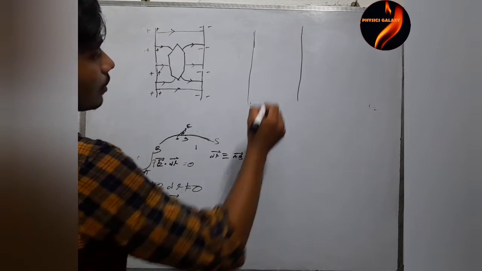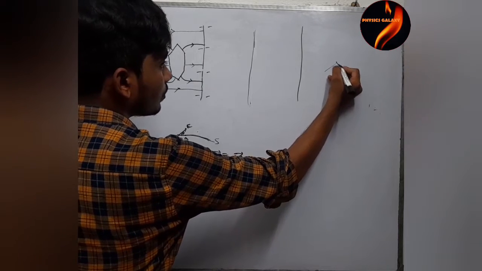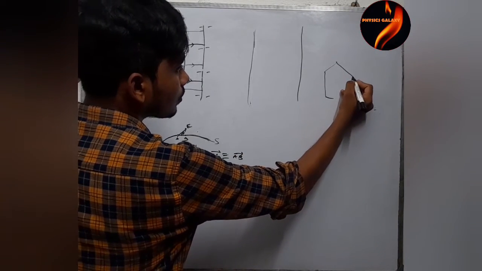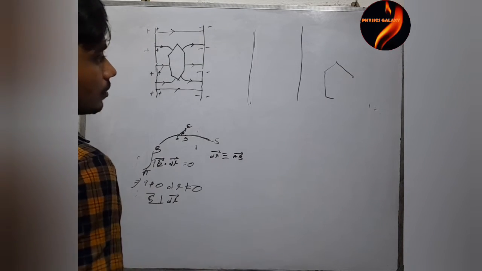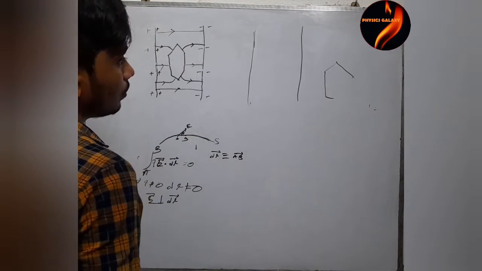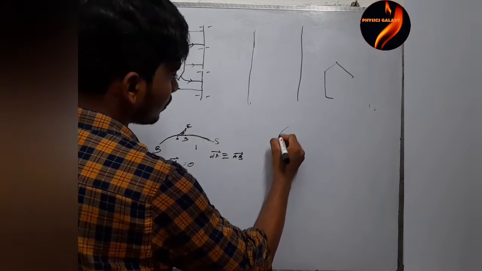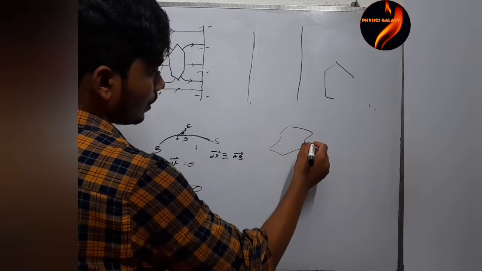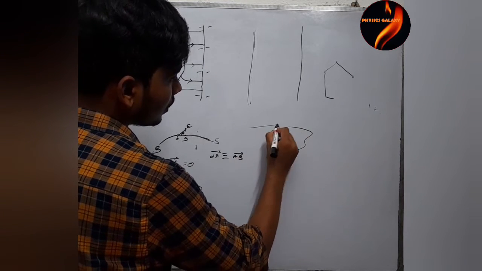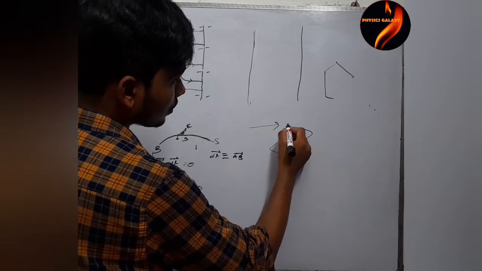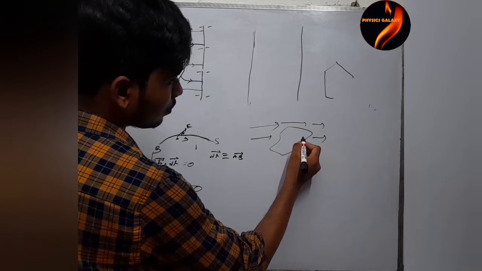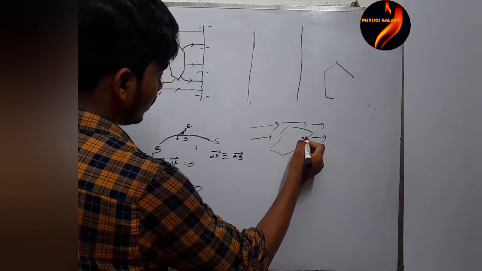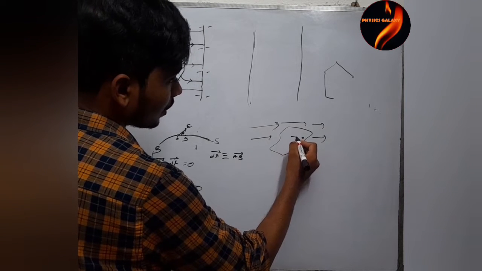We know that a conductor has a large amount of free electrons inside it. So when we apply the electric field, these free electrons move against the direction of the electric field.